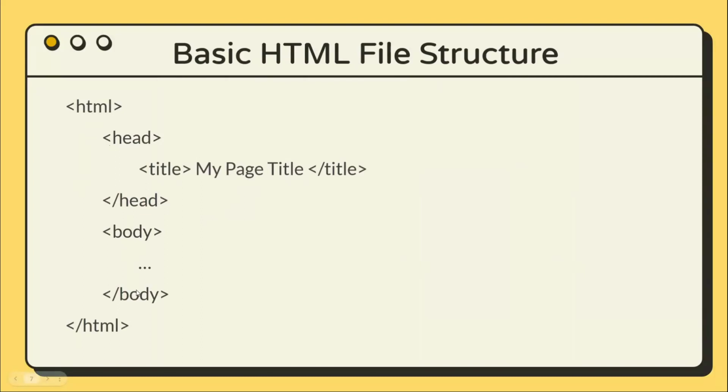And then down here, the body with all of the text that you've got there. So that's the basic file structure for your HTML document. Does anybody have any questions about HTML? This is basically the content that goes into the website.